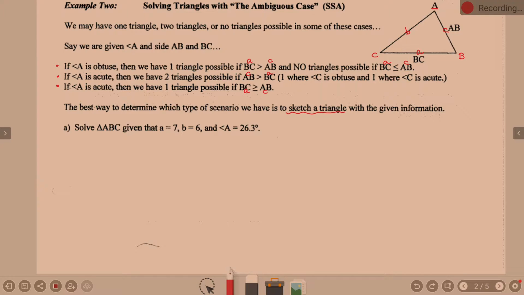So, I'm going to draw a triangle. I feel like I drew that kind of small, so I'm going to make that a little bit bigger. Angle A was given as 26.3 degrees. I put it inside there at the left.